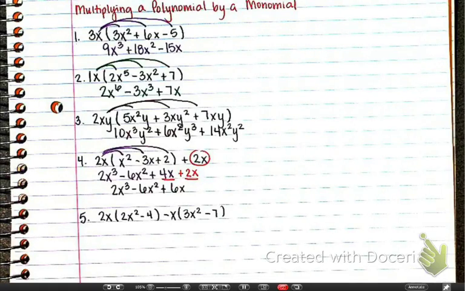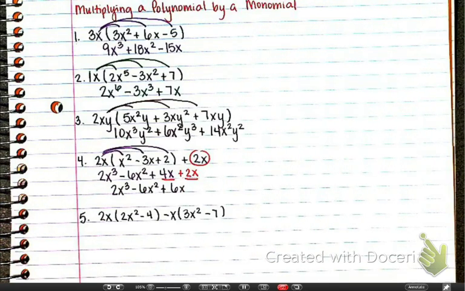What if I give you this one? So this one's a little bit different, not much. So I have 2x times 2x squared minus 4 minus x times 3x squared minus 7.